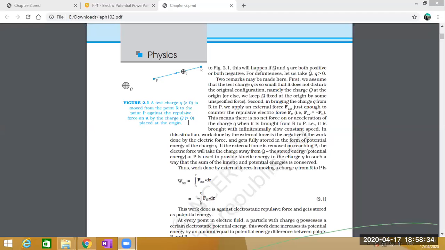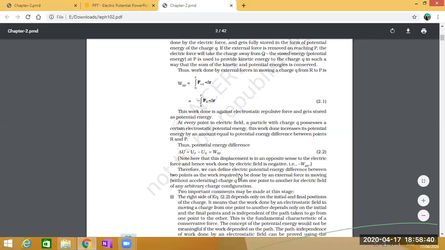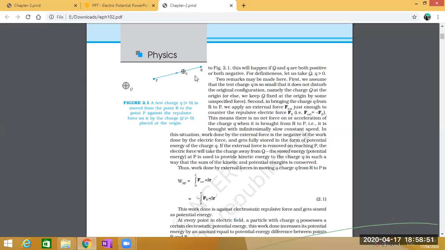So for this, we take a small displacement dr, and then we calculate the amount of work done in displacing this test charge against the electric field or against the electrical repulsive force. Then the work done can be dW, and dW can be expressed as the scalar product of external force and displacement.